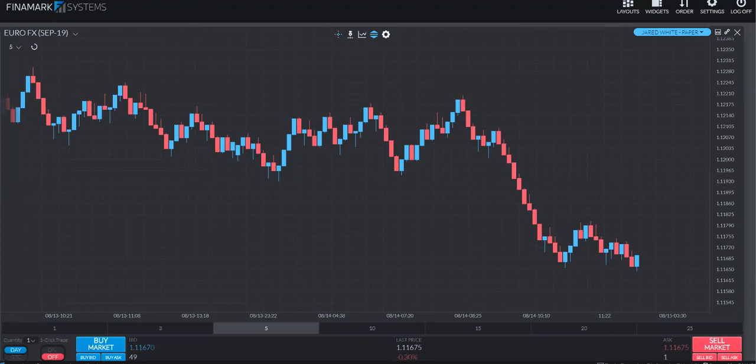Sorry, not time interval, just the interval setting. I don't know why I threw time in there. But nonetheless, once 10 ticks of price movement have occurred, if you have it set to 10, in this case, we have it set to 5. So once 5 ticks of price movement have occurred, each bar, as you see down here, will close and a new one will open.